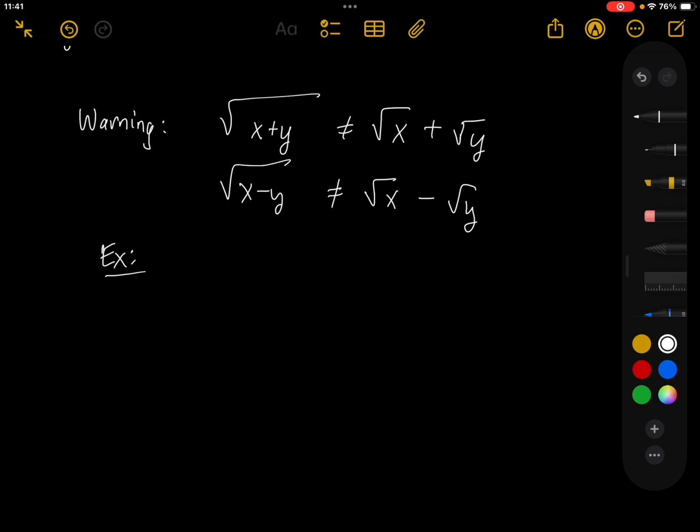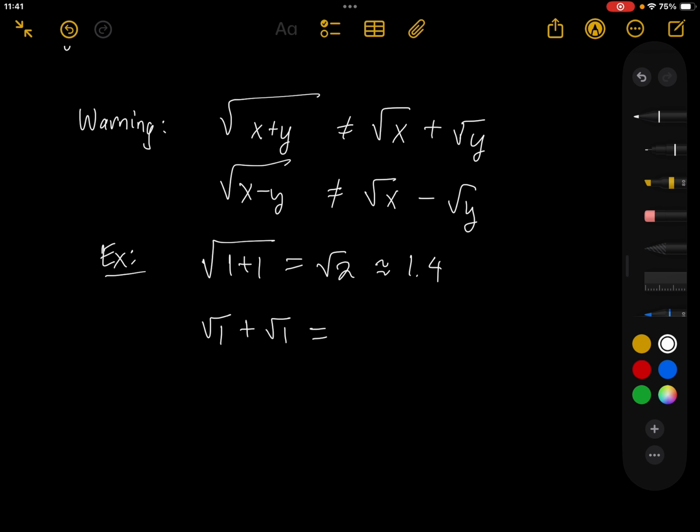But when we say that, like in this warning, that they're not the same, what we mean is that it's not always equal, right? So, for example, for the first one, you could just take the square root of 1 plus 1. Now that is equal to the square root of 2, which is about 1.4. On the other hand, if I did the square root of 1 plus the square root of 1, you can probably tell me what that is.